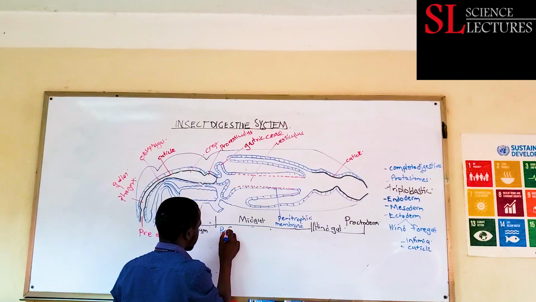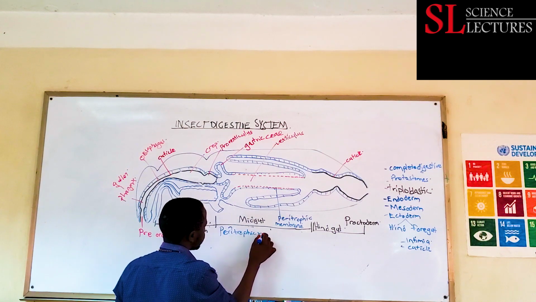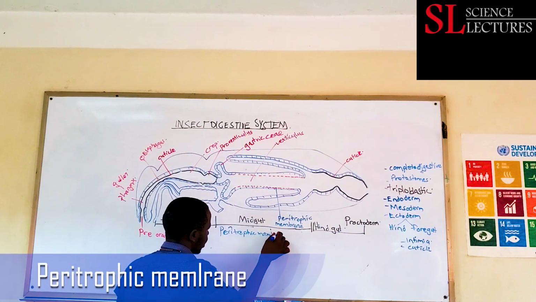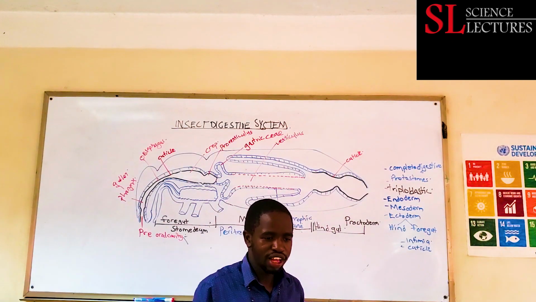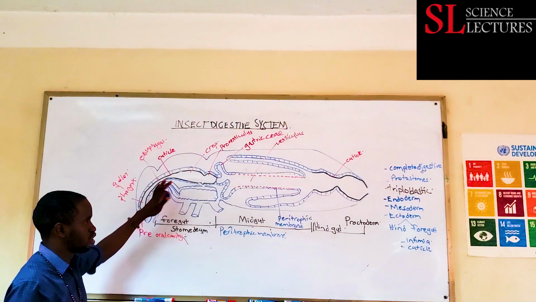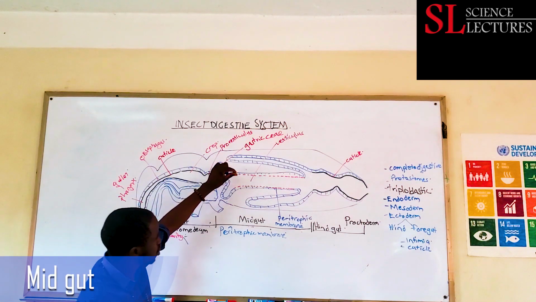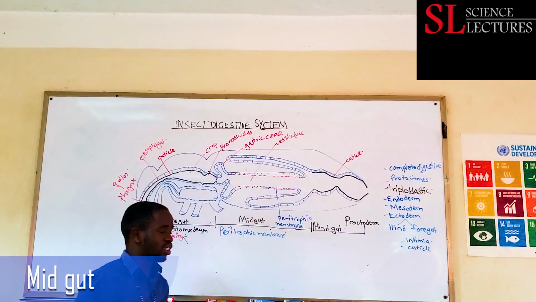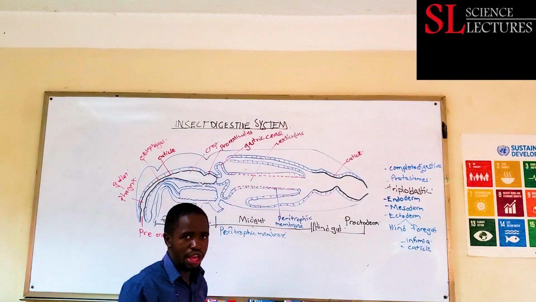The peritrophic membrane. So, since the mid-gut has no cuticular lining, but remember, these insects not only feed on liquids, they also take solid foods. So the solid foods would crush the inner lining of the mid-gut. However, an insect develops a mechanism of manufacturing a membrane.